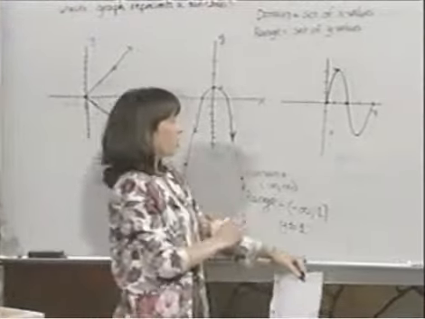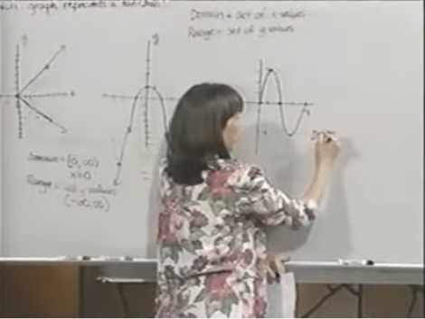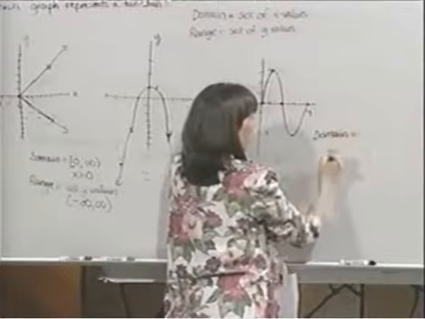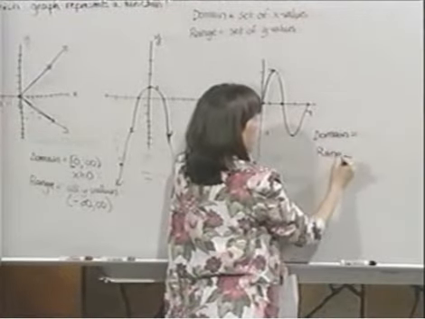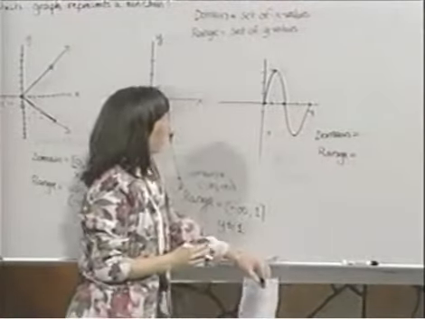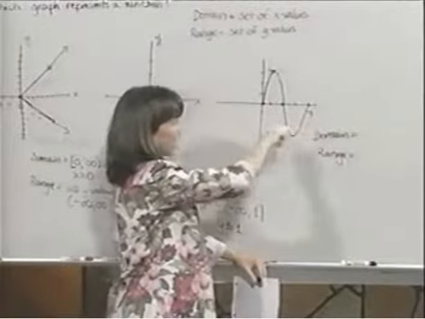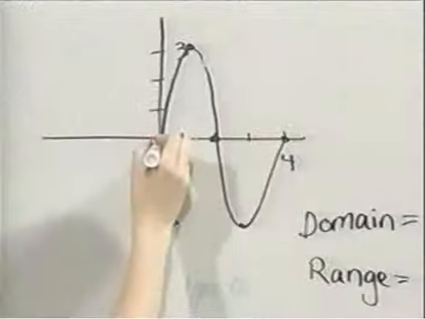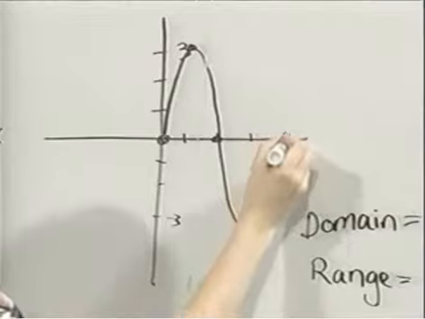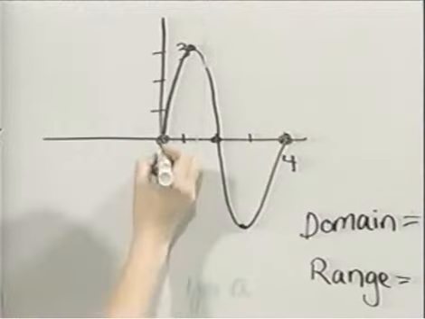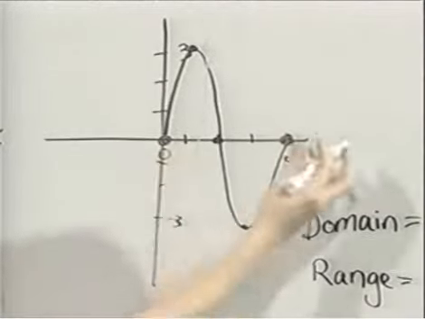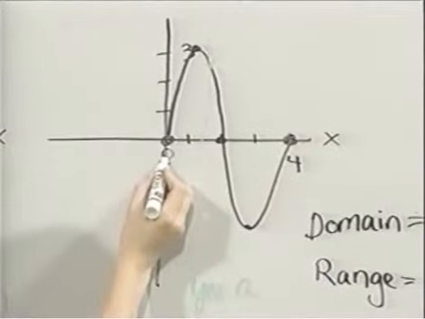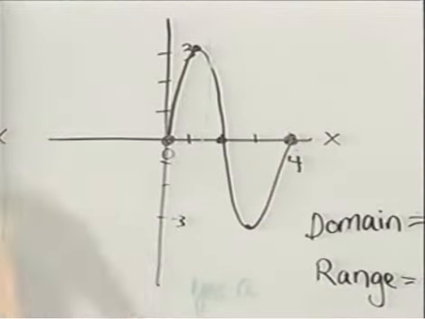It doesn't matter how you write it, either interval notation or with inequality symbols. So let's take one more look at this guy here. This is the domain and the range. So on the domain, what are your possible x's? This thing has an endpoint here and an endpoint here, so it stops. So our domain, the x's, start here and stop here. They don't go any farther, right?